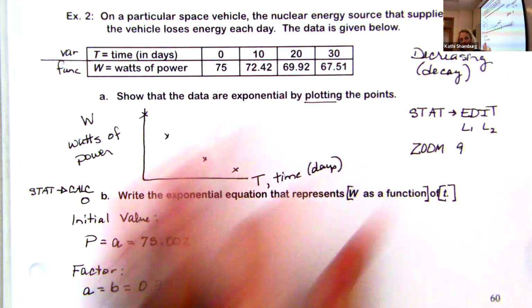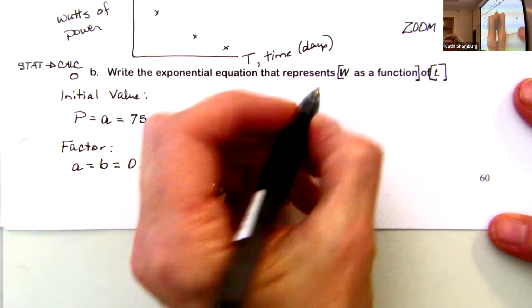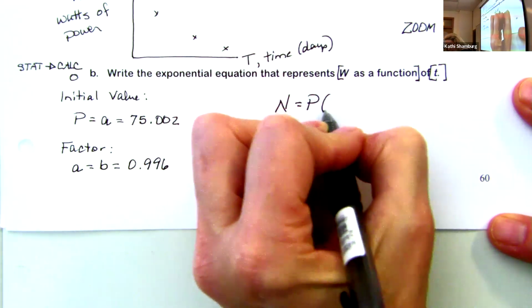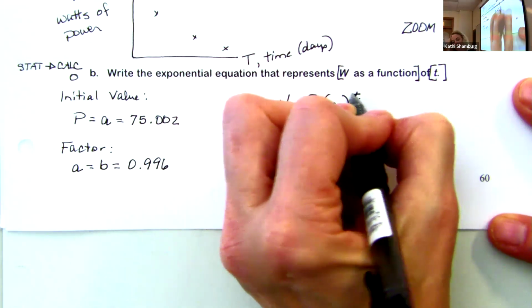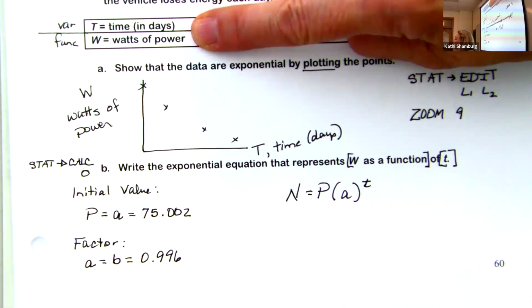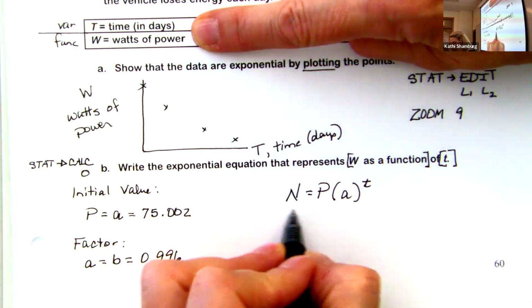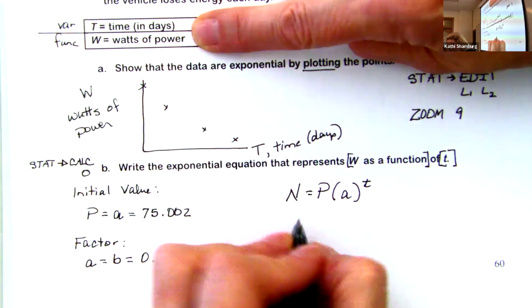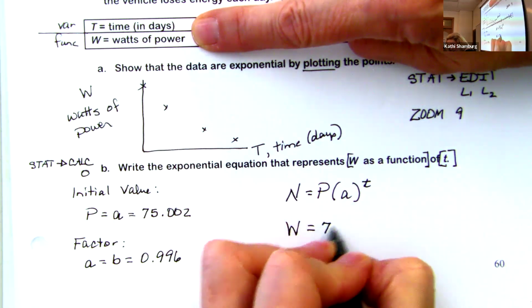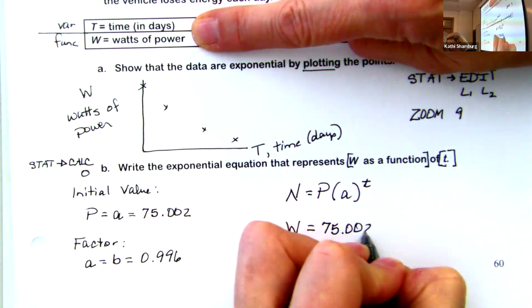Okay, so the exponential equation model is this. I need to be sure that I use the appropriate function and variable letters, okay? So I'm not going to use N. My function now is W. We found P to be 75.002.